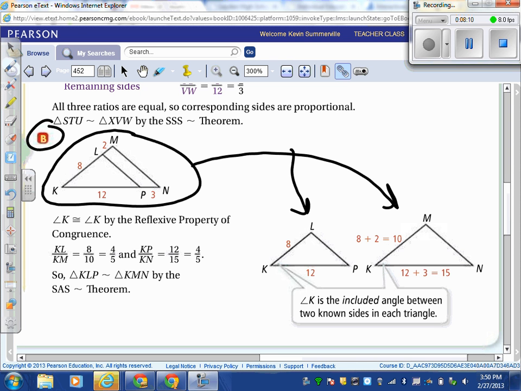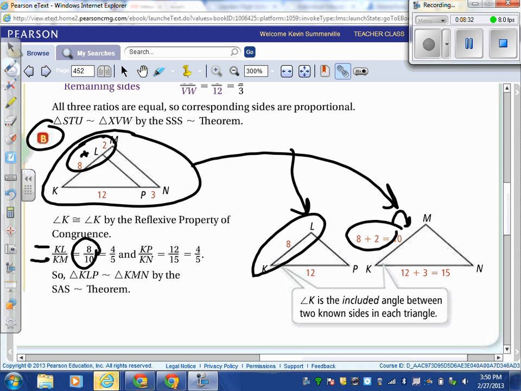So we have side KL, which is 8, KM, which is 10, because we have to take the 8 plus the 2 over here to make this side equal 10. So we have the proportion 8 over 10, which reduces to 4 over 5.